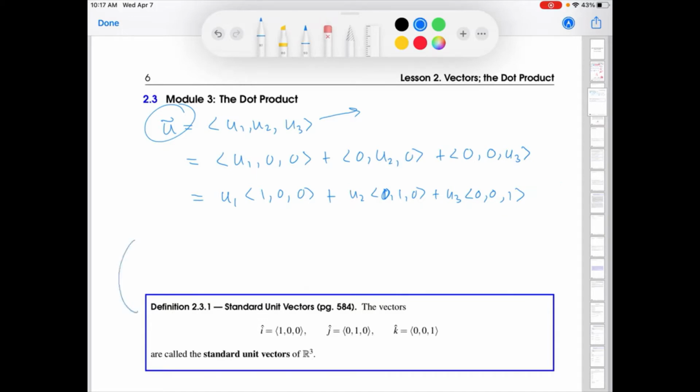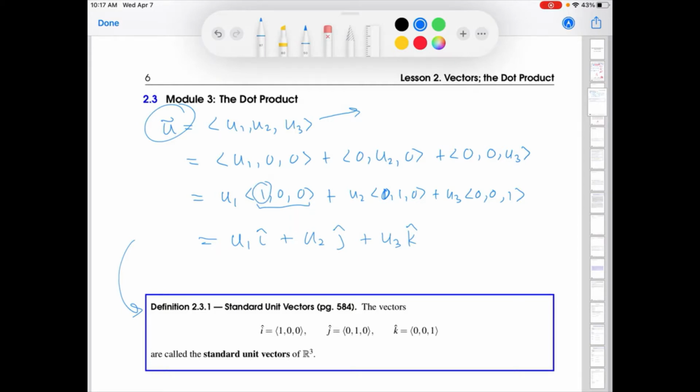And this is the definition down here that I'll get to in a minute. We call the first vector i hat, the second vector j hat, and the third vector k hat. You might, from the previous videos, recognize that the hat means that these vectors are unit vectors, and they are indeed. They have components all 0 except for 1 somewhere.